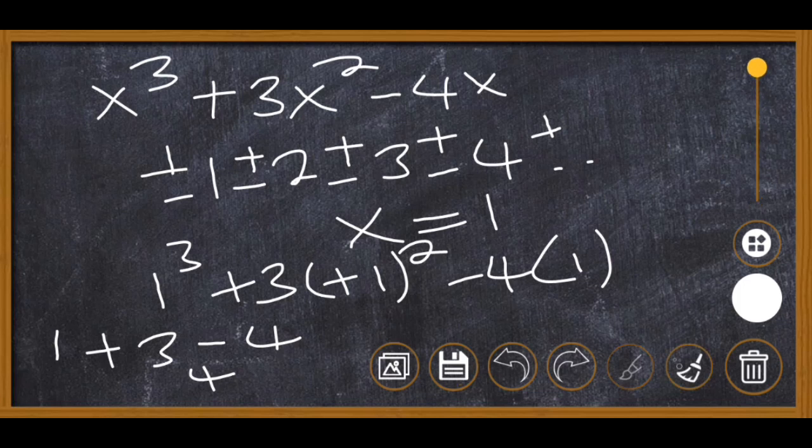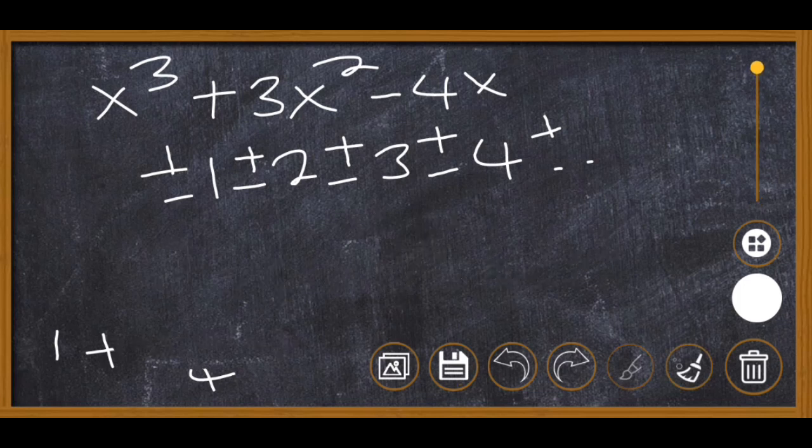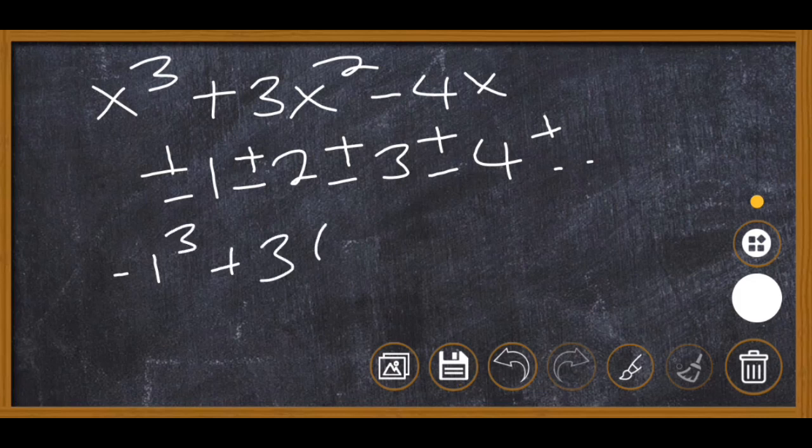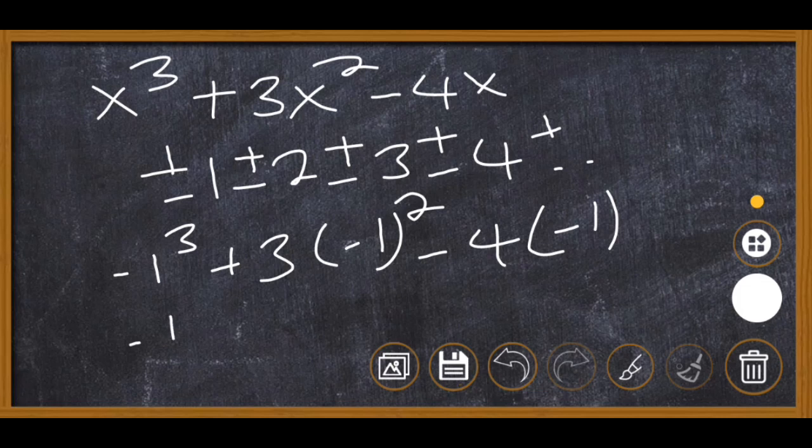Now let's say we had replaced with negative 1. We are going to have negative 1 raised to power 3, plus 3 times negative 1 squared, minus 4 times negative 1. Negative 1 raised to power 3 is negative 1. Negative 1 raised to power 2 is positive 1, and positive 1 multiplied by 3 is positive 3.